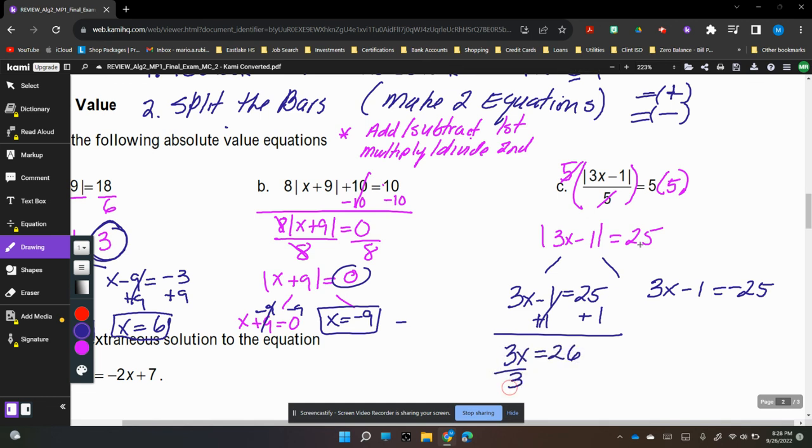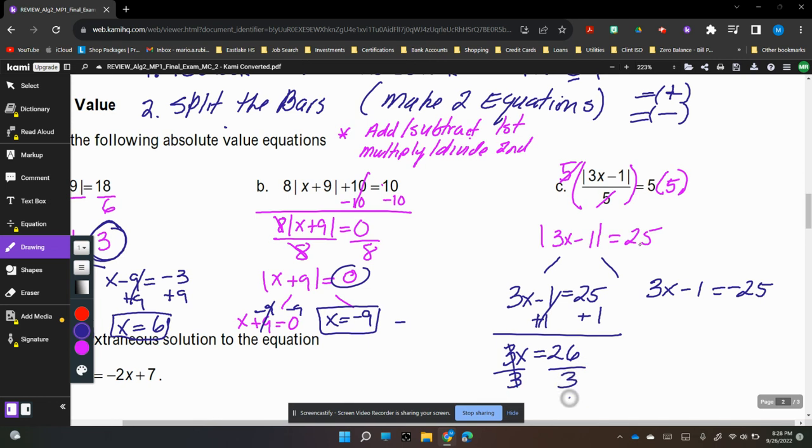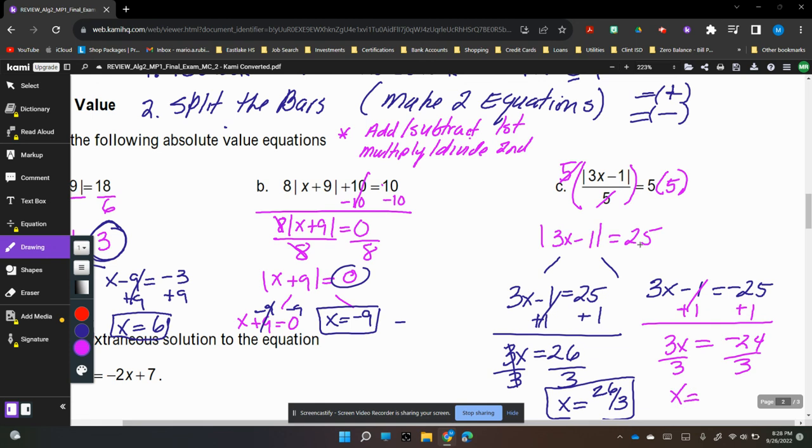And then I'm going to divide. We can leave this as that answer, 26 over 3. Then divide by 3. And x is going to equal negative 8.